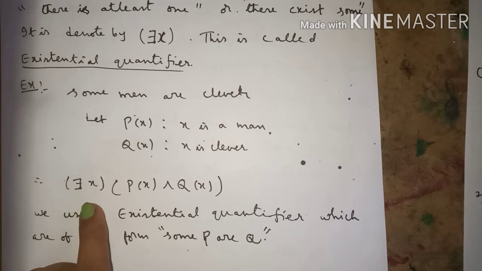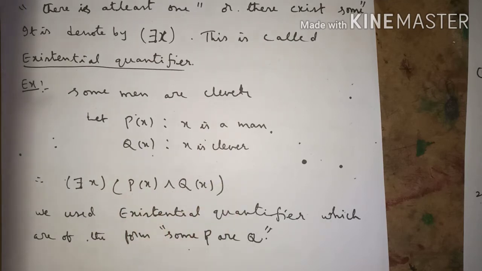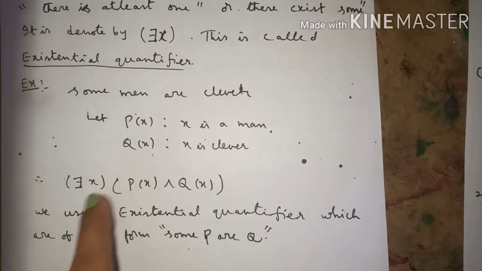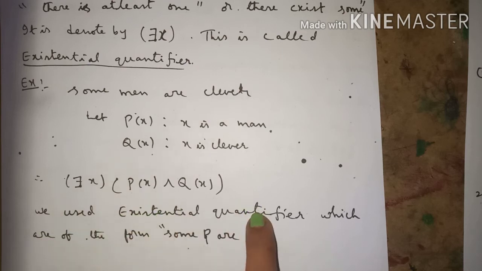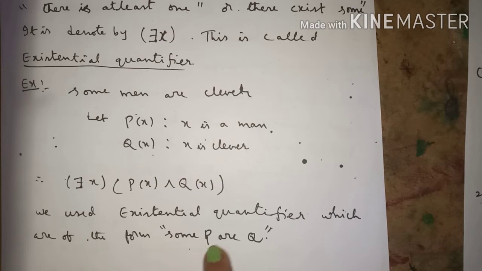There is at least one x such that x is a man and x is clever. We use the existential quantifier for statements of the form some P are Q.